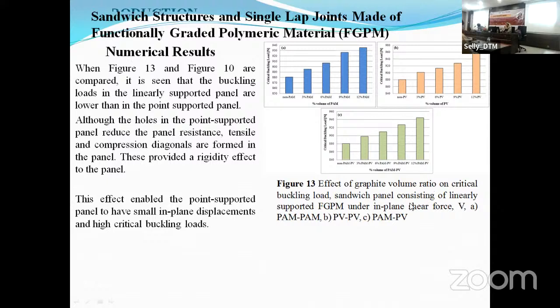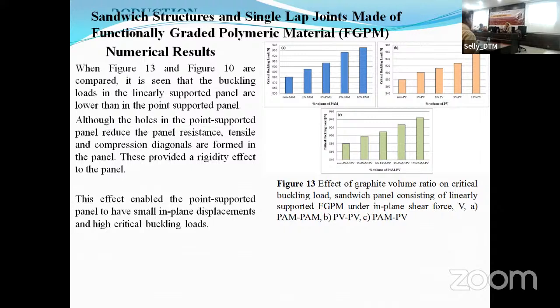At that time, it's a linearly supported FGM under in-plane shear loading. In that figure, the buckling load for the holed, linearly supported panel is lower than for the point supported panel. Can you get that? Although there is a hole in the point supported panel, it reduces the panel resistance.